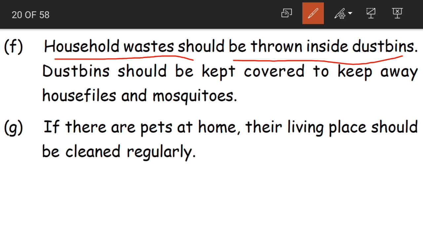If you buy any chocolates, biscuits, all those covers, if you sharpen your pencil, and any waste, papers, dust, if you go to the kitchen, vegetable waste, fruit waste and all that, so all the waste of the house must be thrown inside the dustbins. Okay, children, inside the dustbins, and dustbins should be kept covered to keep away house flies and mosquitoes.